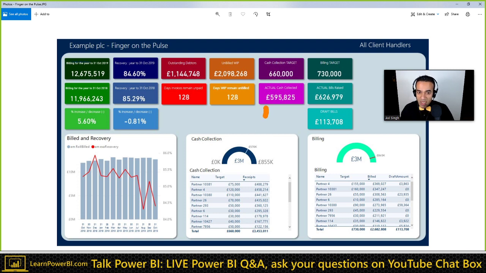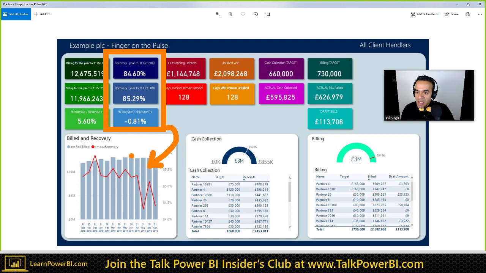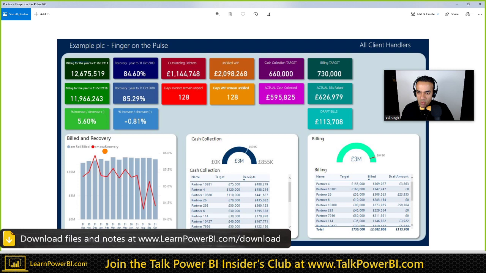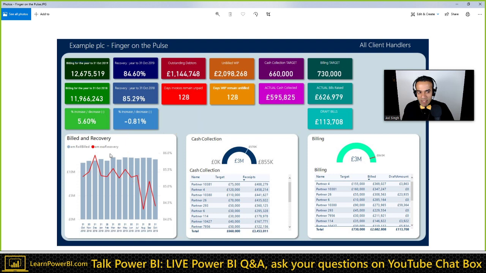I had expected this one to be purple or whatever the color is, and build and recovery maybe a little bit bluish. I'm not sure. You can see how color can land us in trouble. I'm trying to maybe find connections where there aren't. Is this a shade of blue? I don't know. Is the red connected to this? Are these outstanding items? I don't know, so there's a little bit of confusion there.